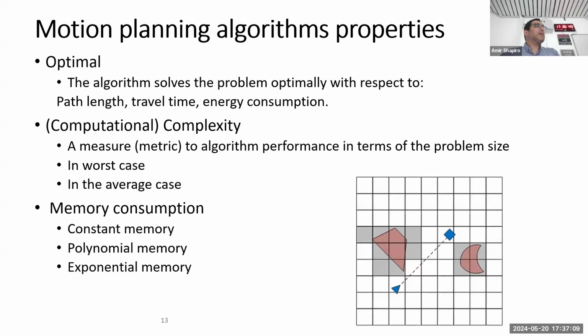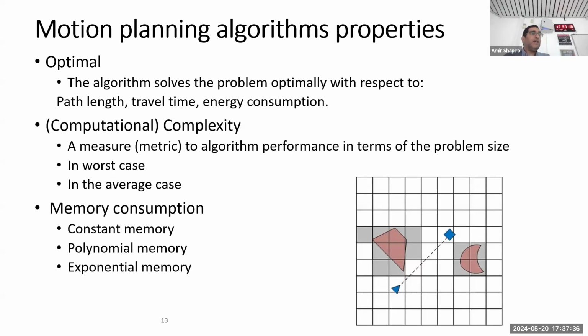But complexity can be calculated in the worst case, meaning the environment in which the algorithm performs the worst. I can build such an environment that the algorithm would have to do a lot of computation there.